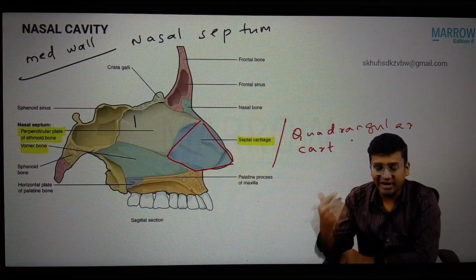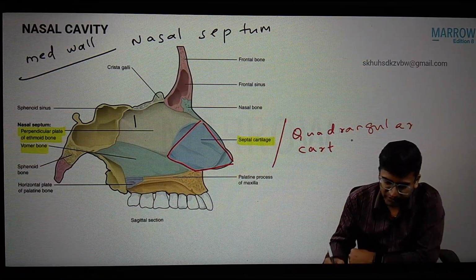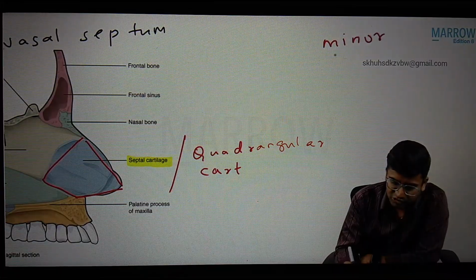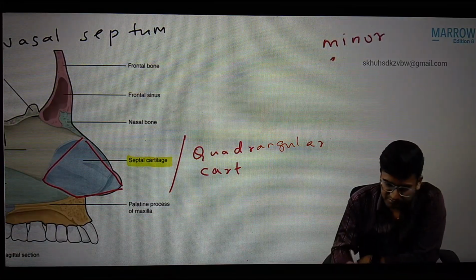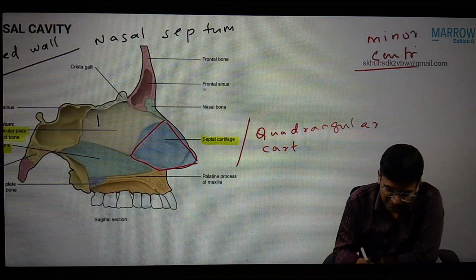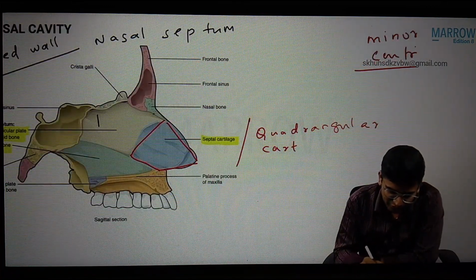Now we also have minor contributions. Okay, so minor contribution by the nasal spine of the frontal bone.